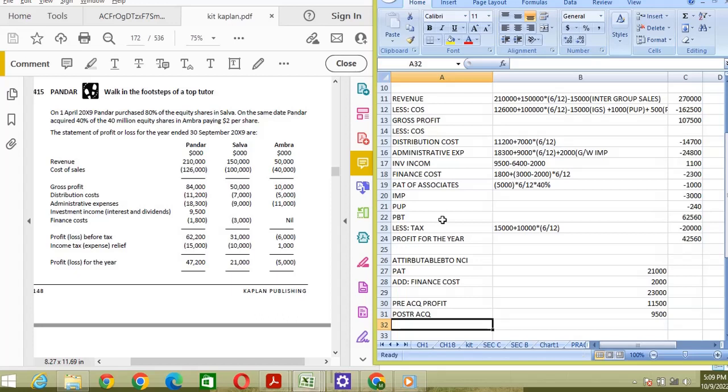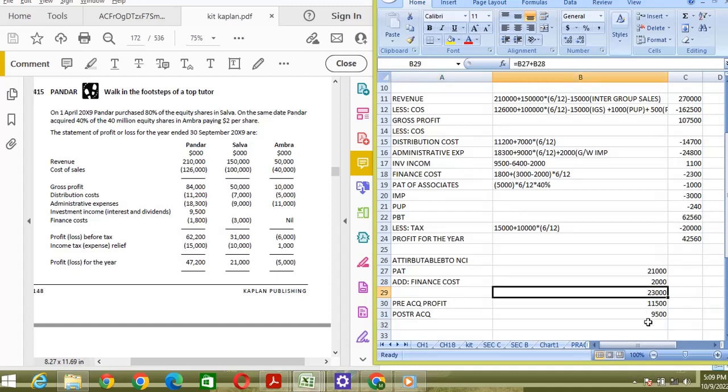The pre-acquisition period is 6 months, and the post-acquisition period is also 6 months. So we will take out the pre-acquisition profit by multiplying this amount by 6 divided by 12. So we will get 11,500, and we will deduct this amount from the 21,000. So we will get 9,500, the post-acquisition profit.